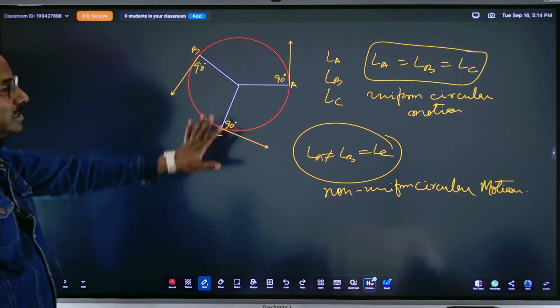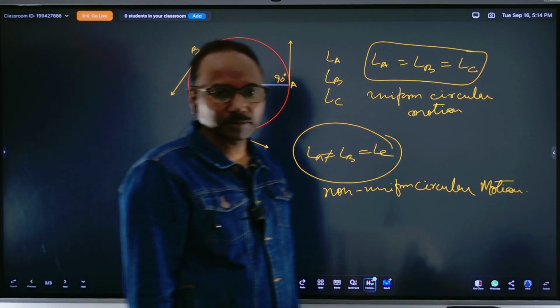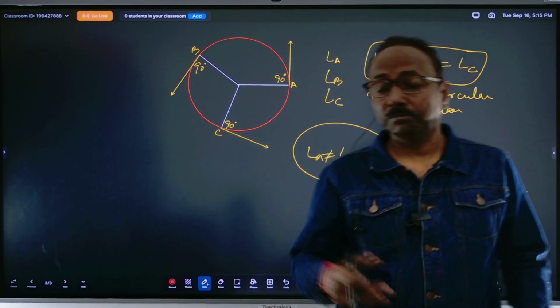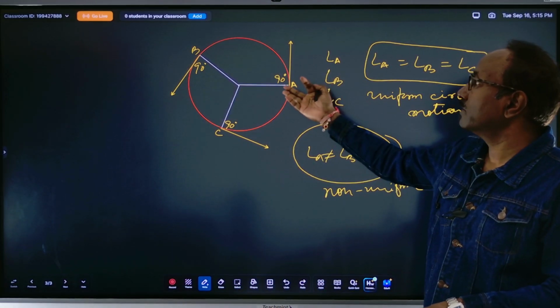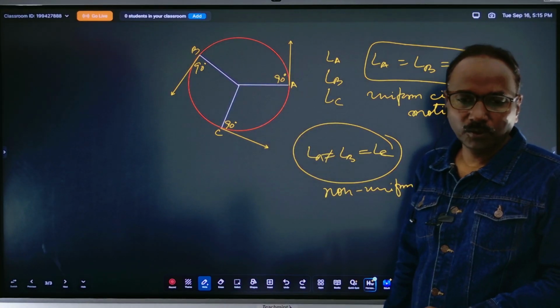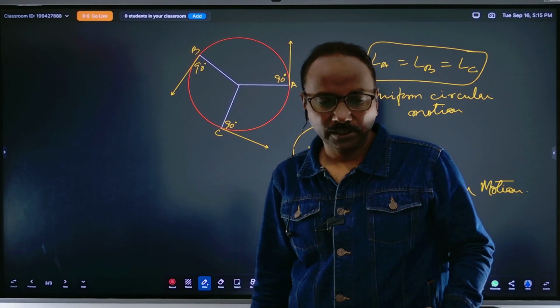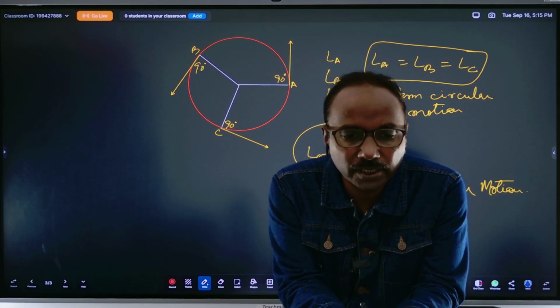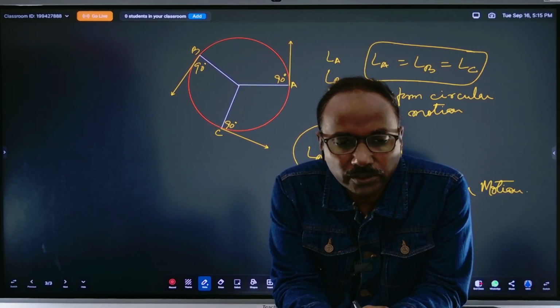So this is just for your understanding, for concept clarity. If it is given like this and no other information, then you can check with the ruler and say what kind of motion this is. Is it uniform circular motion or non-uniform circular motion?